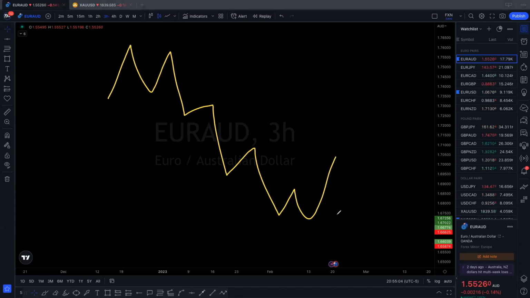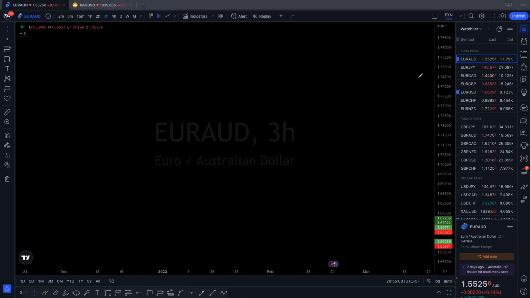Now, what if I'm a market maker and let's say price is trading up here at 76,500, right? Prices like this. And let's say I want to get to 68,500.